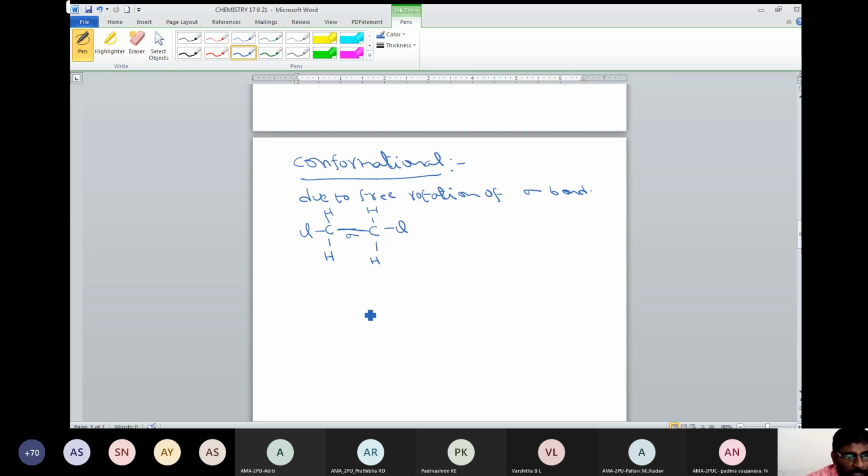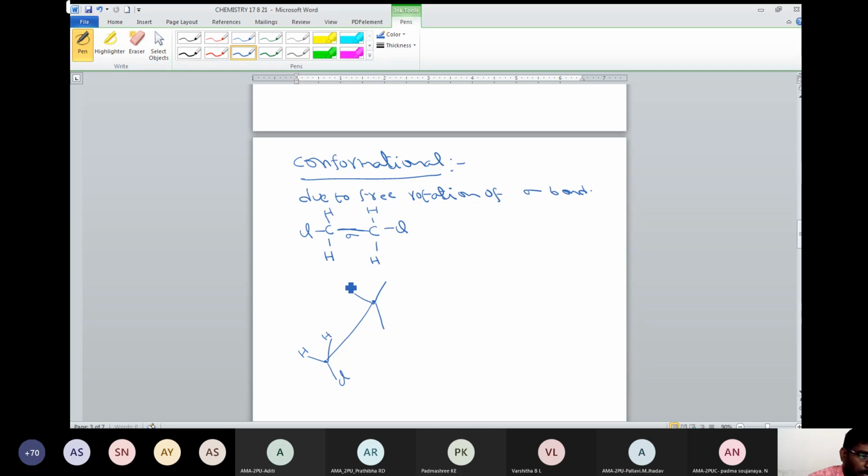Conformational isomerism we can represent in two techniques: Sawhorse projection and Newman projection. In the Sawhorse projection, we take a vertical line. This is the carbon, this is the carbon. We write a Y here, and also a Y here. Place two hydrogens on this, the third one is chlorine.